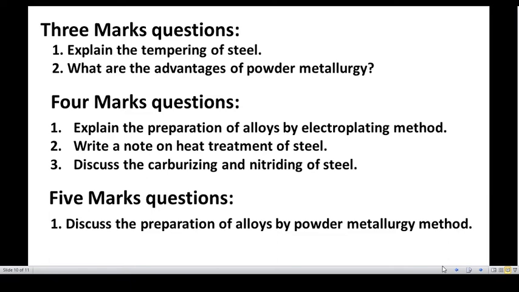Tempering is achieved by heating hardened steel to a temperature below a certain temperature, in the range of 100 to 680 degrees centigrade, and holding the component at this temperature for a soaking period of 1 to 2 hours, and subsequently cooling back to room temperature.